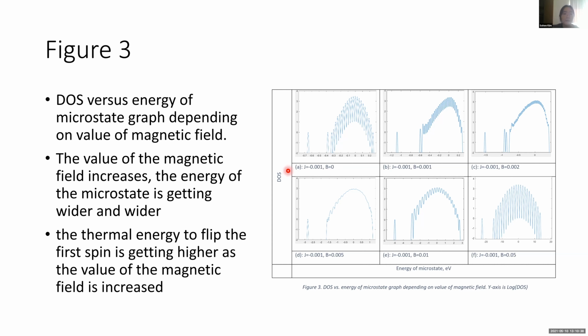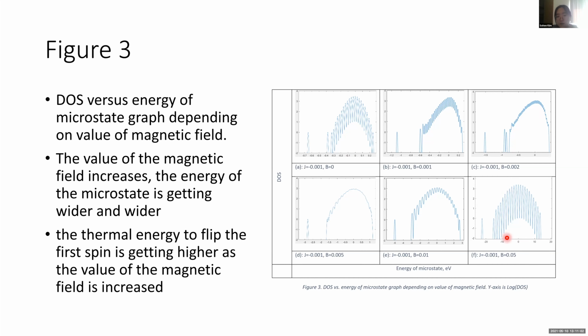As the value of the magnetic field is increased, the energy of the microstates is getting wider and wider. It's a little bit hard to see, but the peak of A is really small, while F is way bigger.